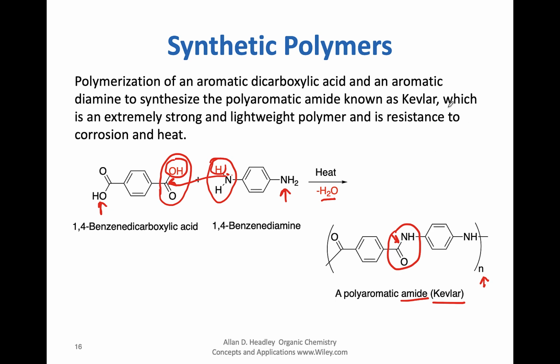And as you can see here, Kevlar is an extremely strong, lightweight polymer that's resistant to heat and corrosion. So it has many practical functions. By the way, Kevlar is, I think, the trademark name for that type of compound. What industries do is that they patent these processes and patent the actual name of it so that they can actually market it under their name.